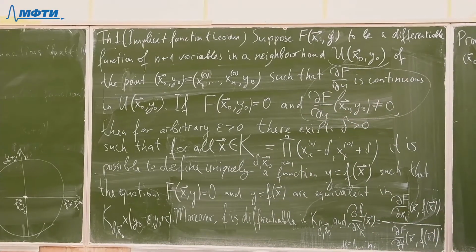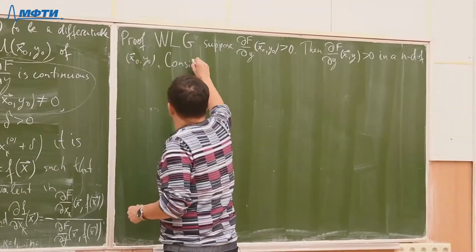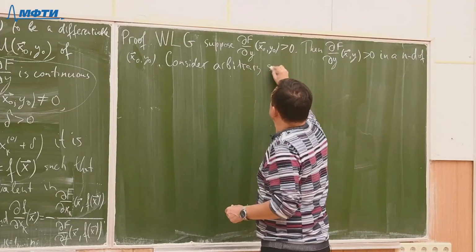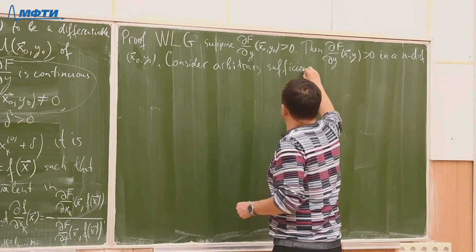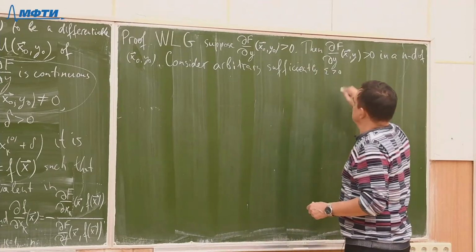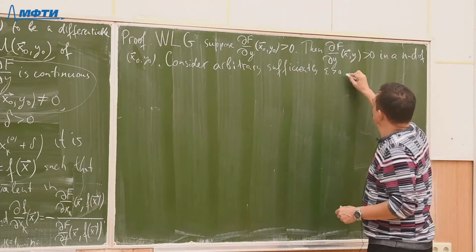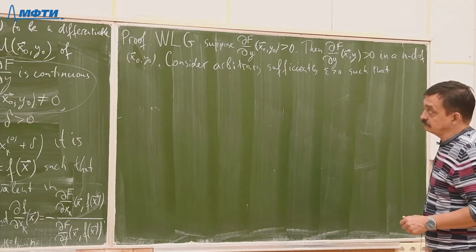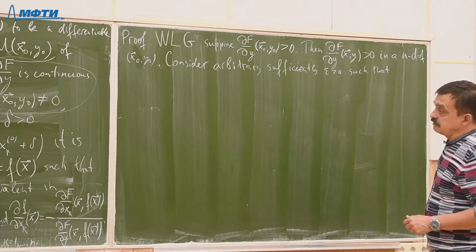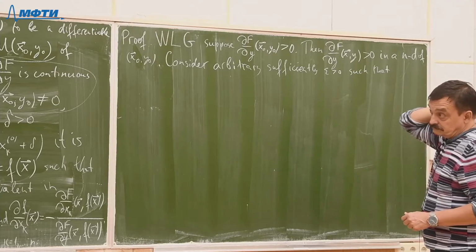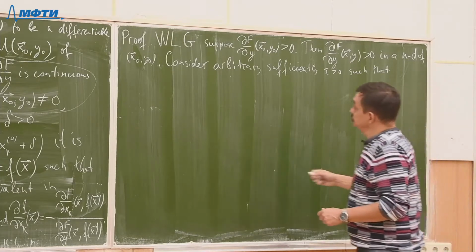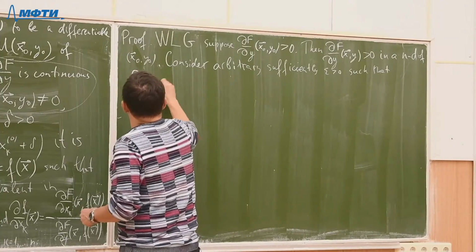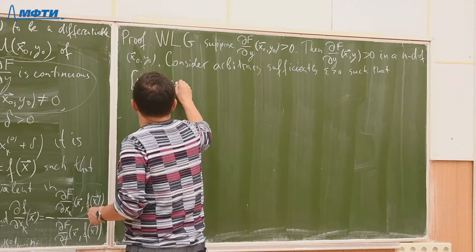So consider arbitrary sufficiently small epsilon greater than 0 such that this interval, okay, let me take it together with the ends.